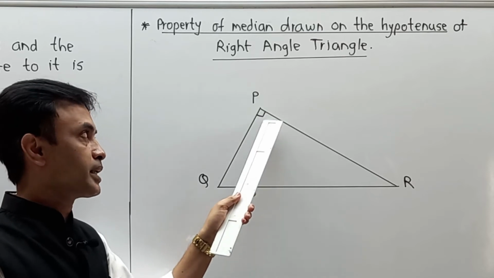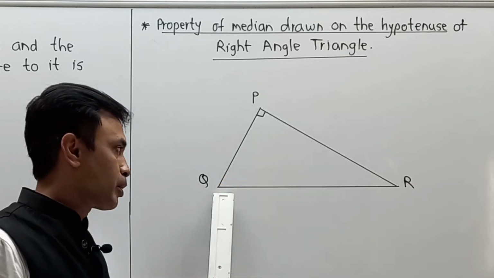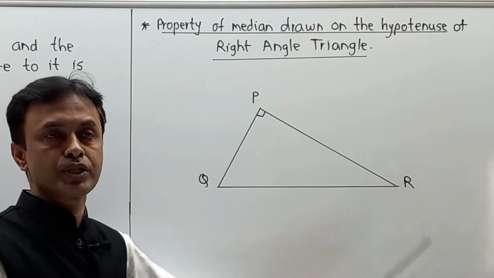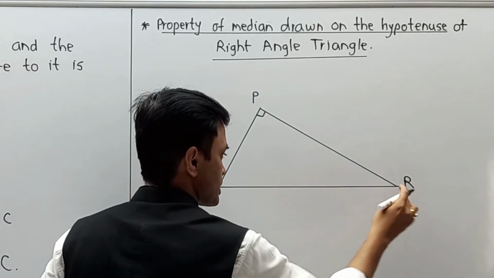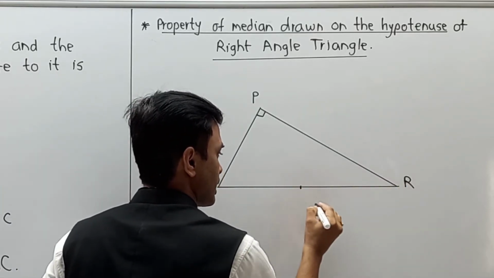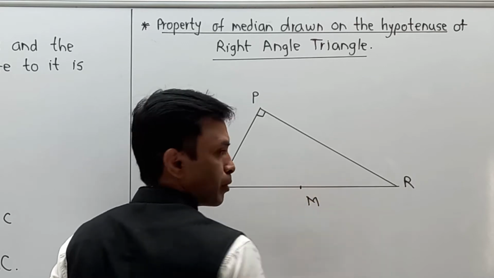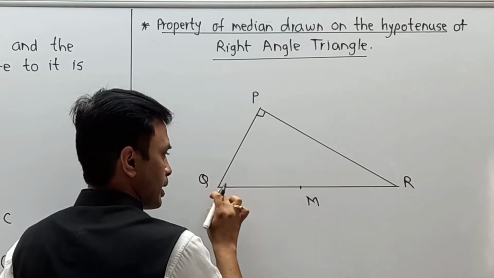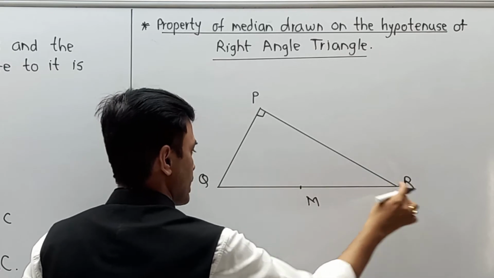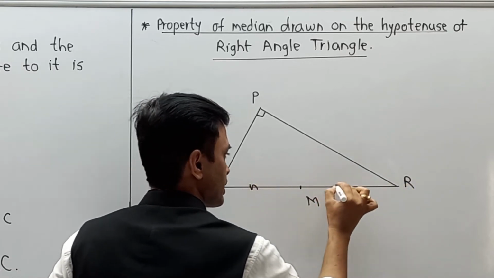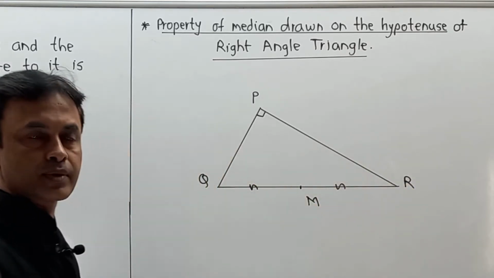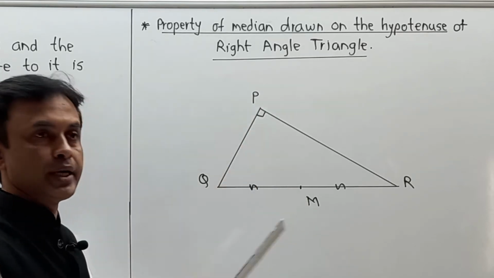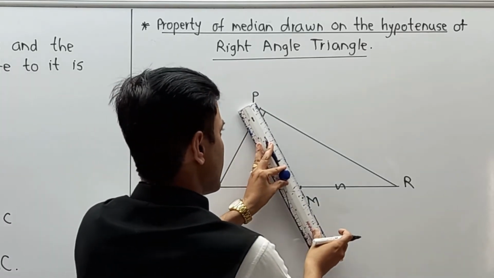Now from this 90 degree vertex, point P, I am going to join the midpoint of the opposite side. Let us say QR is one side, and here again I am going to take M as a midpoint. If M is a midpoint, you can say QM equal to MR. So QM is equal to MR. Here I am going to draw the first median. So I am going to join P with M.